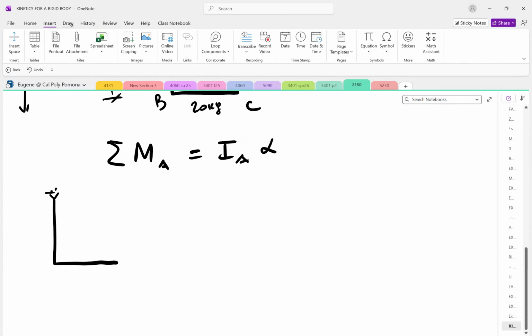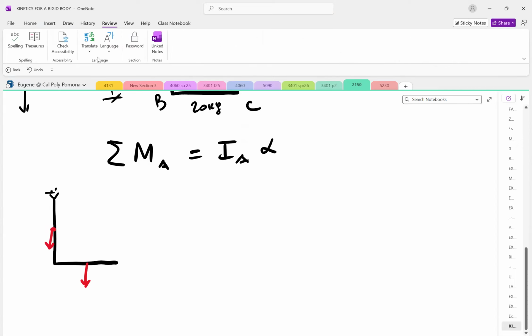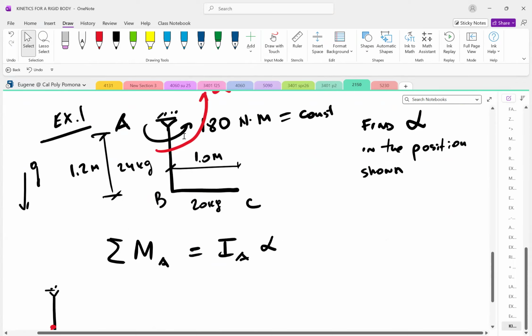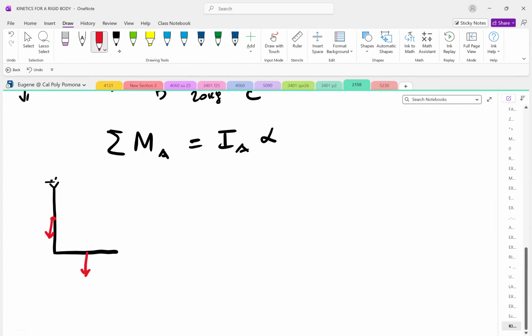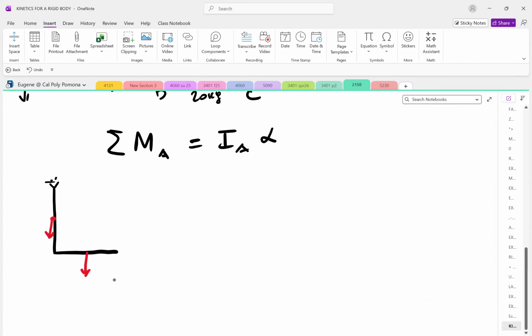Free-body diagram. The horizontal piece is 20 kilograms.